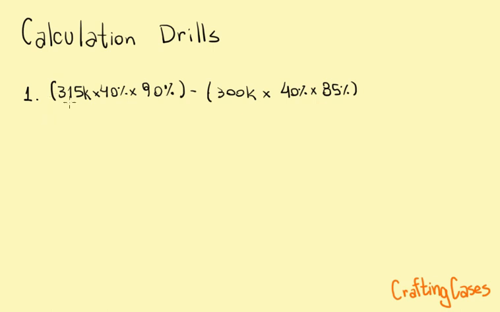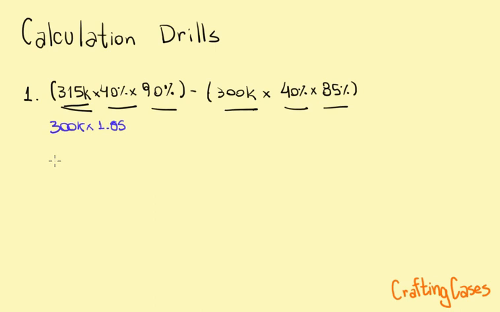We have 315 times 40% times 90% minus 300,000 times 40% times 85%. Well, it seems pretty clear to me that 315 is 300,000 times 1.05, and so I want to move this around a little bit to make it easier.